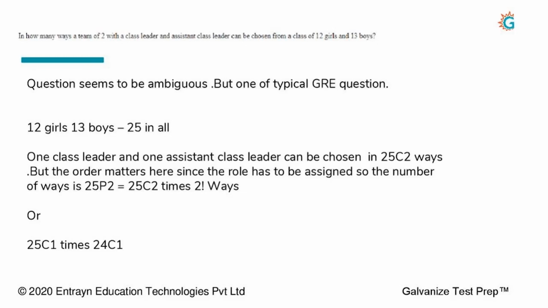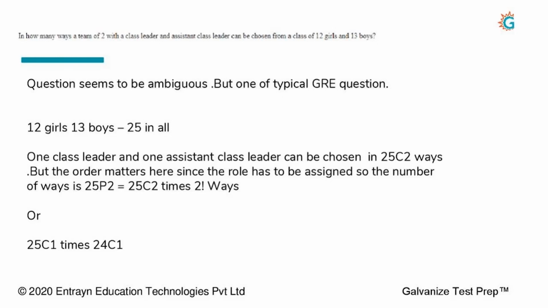The sequencing or the ordering does matter here. So out of 25 students, 12 girls, 13 boys, you don't have to split it as 12 girls separately, 13 boys separately. As I told you, this is a mixed problem. You just have to combine everybody, 25, because I did not say anywhere that the class leader has to be chosen from the girls and the assistant class leader from the boys. It is a simple question where you're going to choose class leader and assistant class leader.